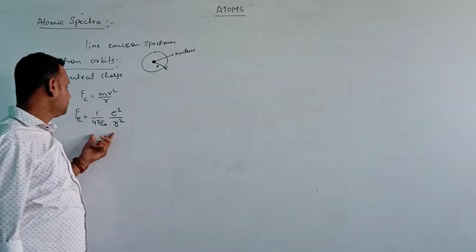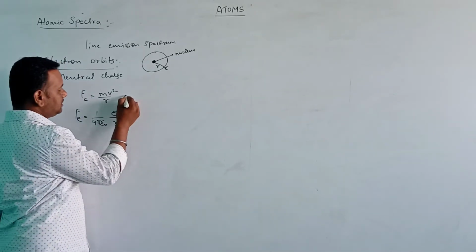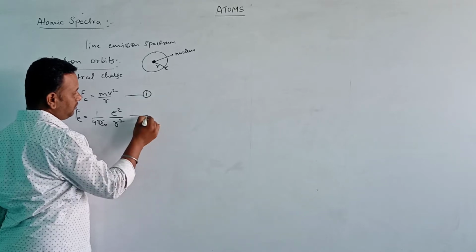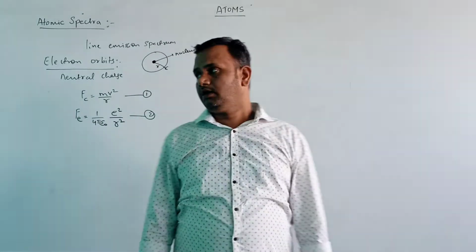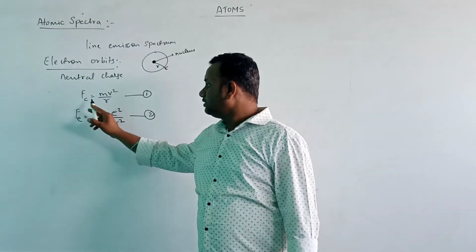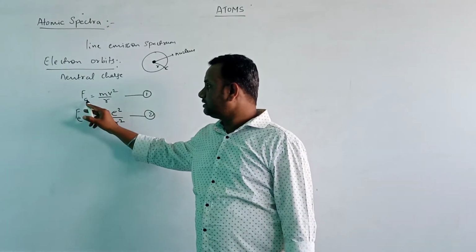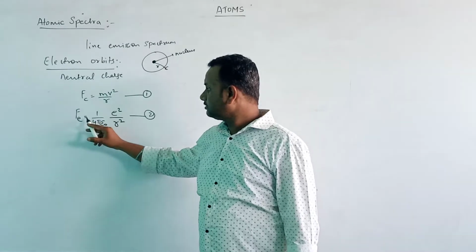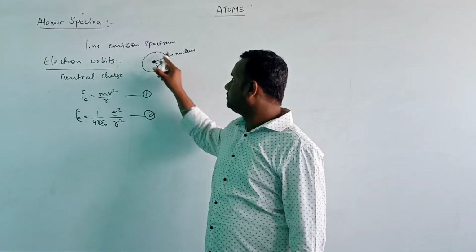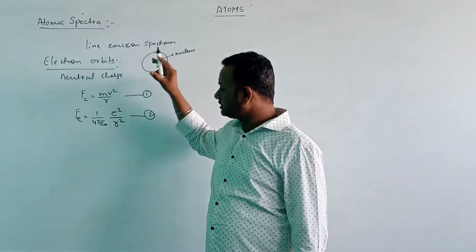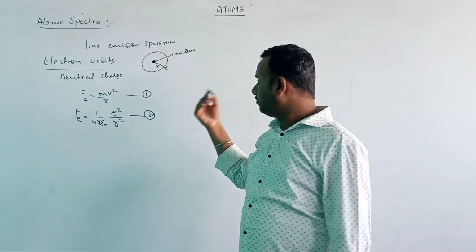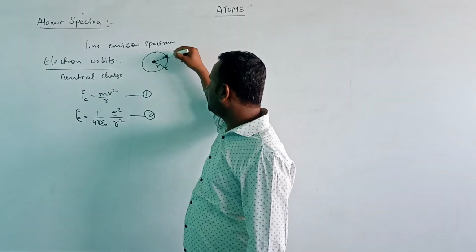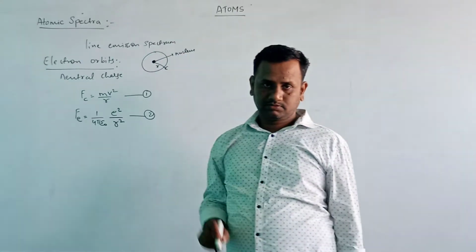Now dear students, let us consider these other two equations, equation 1 and equation 2. Here, Fc is called the centripetal force, which keeps the electron revolving around the nucleus, and Fe is the electrostatic force between the electron and the nucleus.